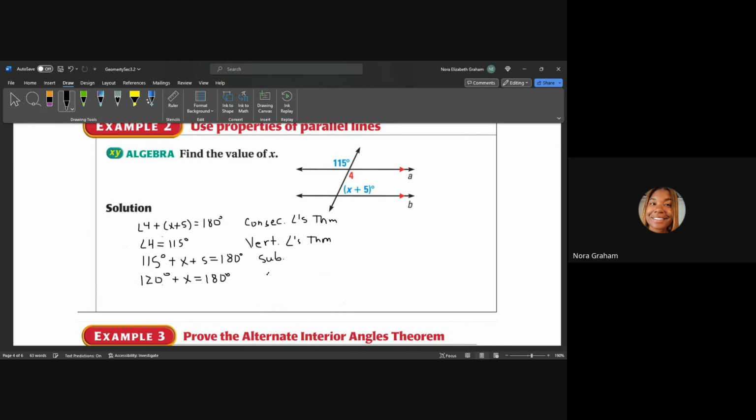And that's from combining like terms. Sorry, it takes me a while to write on here. And then our last step would be to just subtract that 120 from both sides. So I get x equals 60 degrees. And for that step, we can just put subtraction.